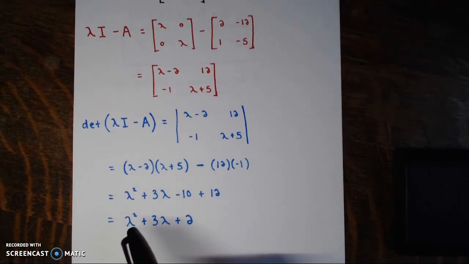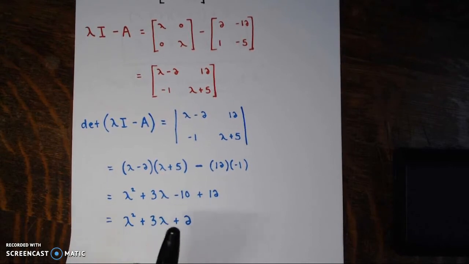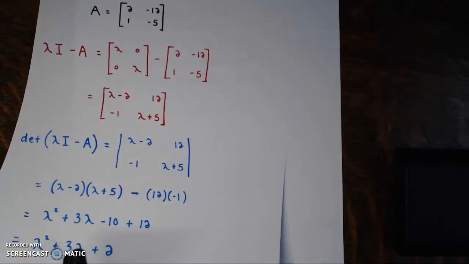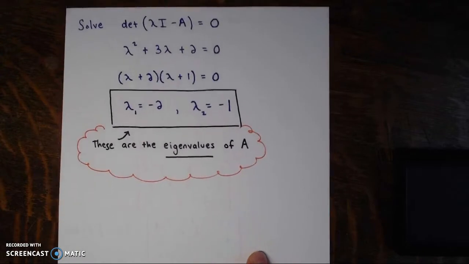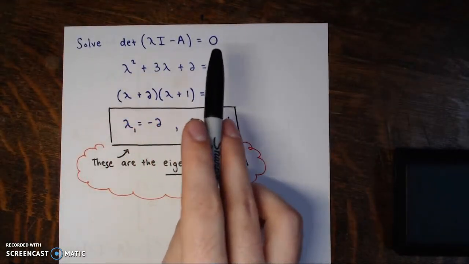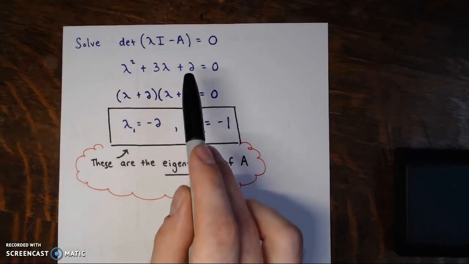So that's lambda squared plus 3 lambda plus 2. And then we're determining for what values of lambda this is equal to 0. So where is the determinant of lambda I minus A equal to 0? So lambda squared plus 3 lambda plus 2 equals 0.